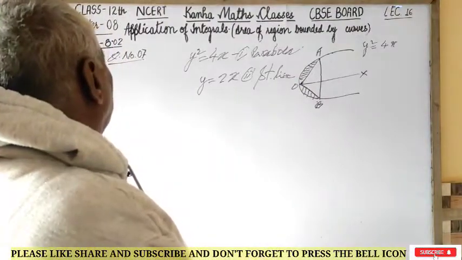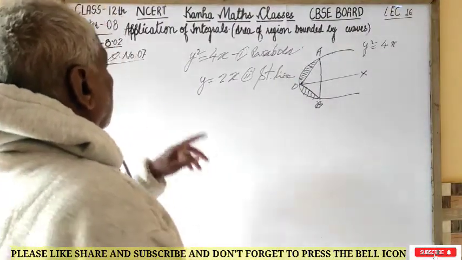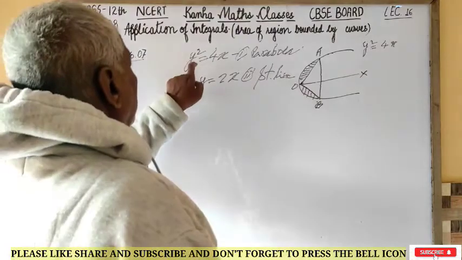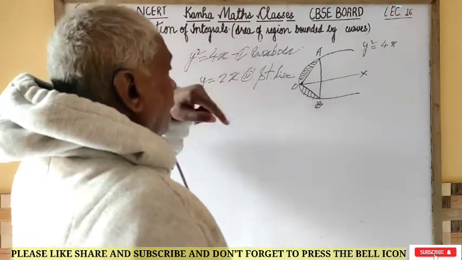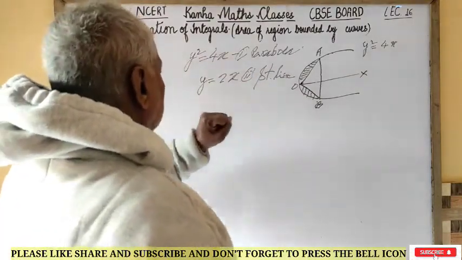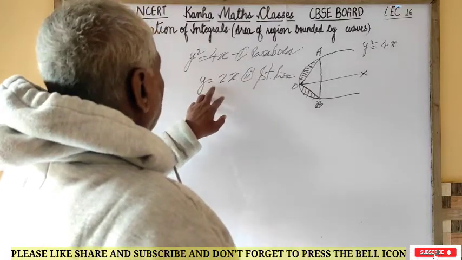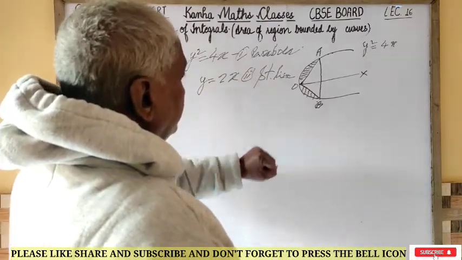Now in question number 7, here you have given y square equal to 4x, a parabola positive along the x-axis, and here a line y equal to 2x, a straight line.